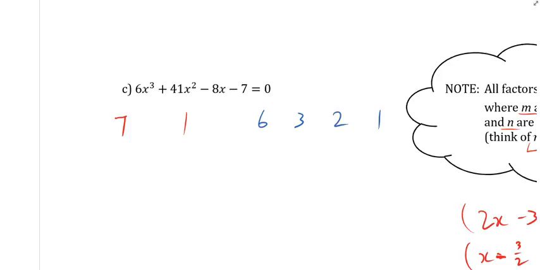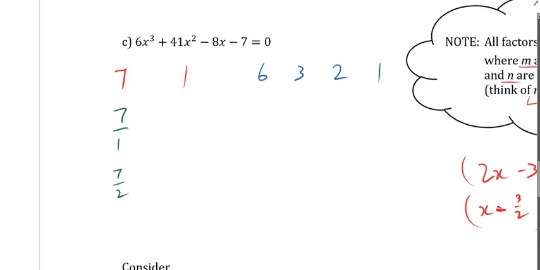So these factors are going to be 7 over 1, 7 over 2, 7 over 3, and 7 over 6. And then these ones would be 1 over 1, which we tried, right? Or -1, like positive and negative of both. 1 over 2, 1 over 3, and 1 over 6.